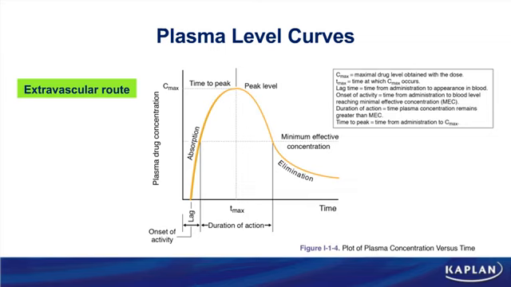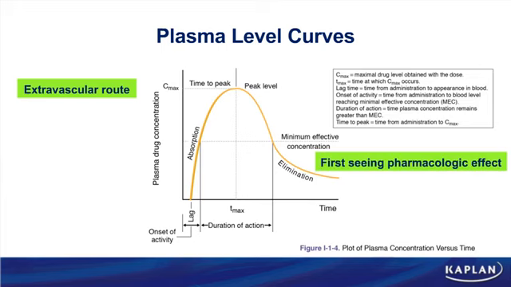Now, just because the drug gets into the plasma does not mean it's working yet. If you follow the curve, plasma levels start to increase, but only when I get to this point defined as the minimum effective concentration is the drug actually going to work in the body. Notice, that's where I first see the pharmacologic effect, the MEC, the minimum effective concentration.